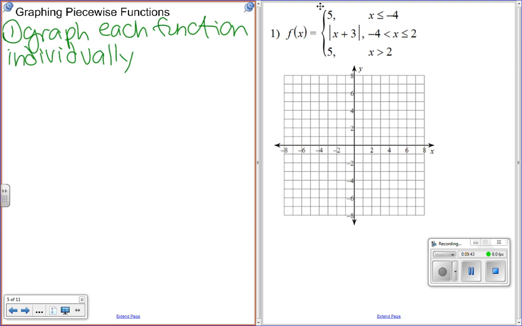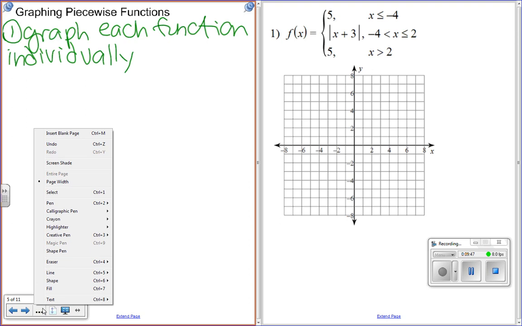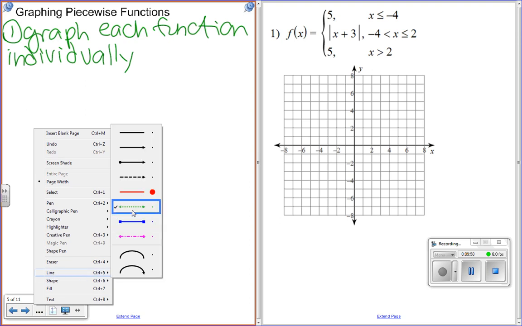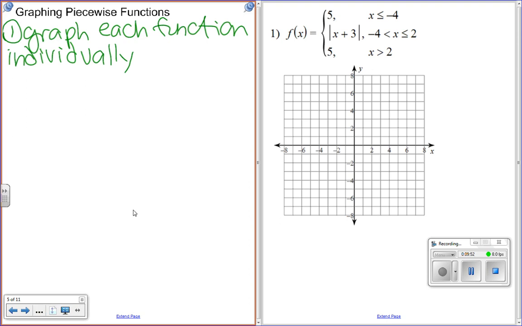If I want to graph this first one, this is the line f of x equals 5, or as you guys have seen it before, y equals 5. Your y equals lines are always horizontal, so if I were to draw the entire line f of x equals 5, this is what it would look like. Okay, however, it is restricted. So once you've graphed it, we're going to do them one at a time.